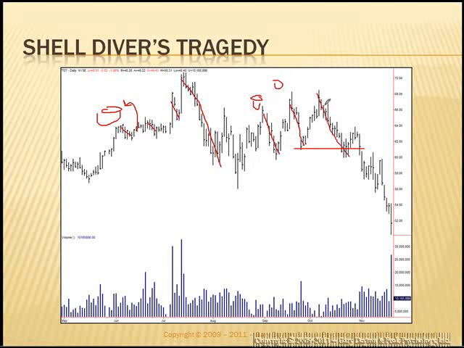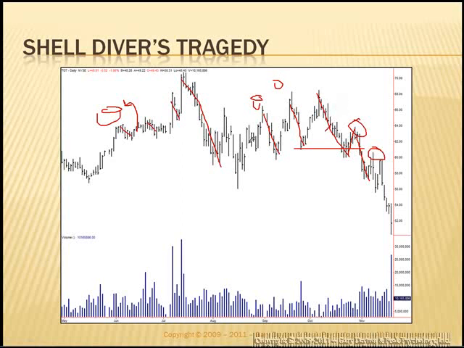It suddenly increases. Then the up wave decreases, right? You can take a trade here, or even better, allow it to break down and then take your trade here. But this is still the shell diver's tragedy even here.